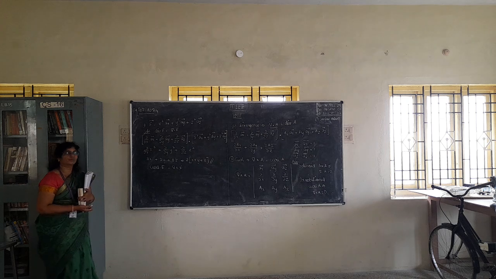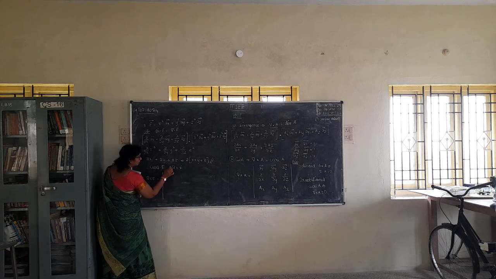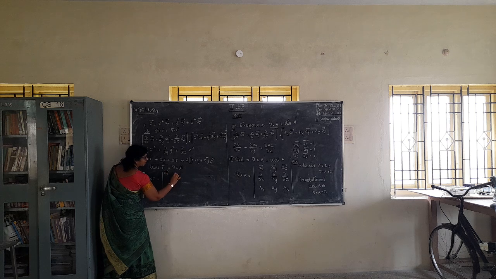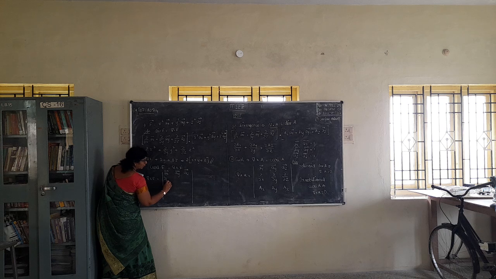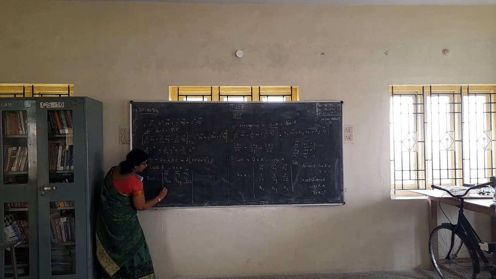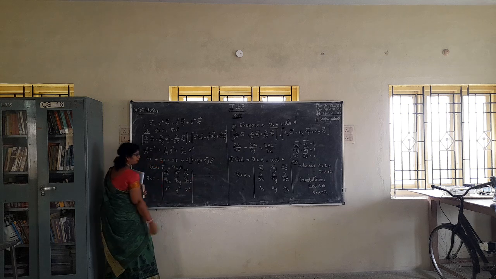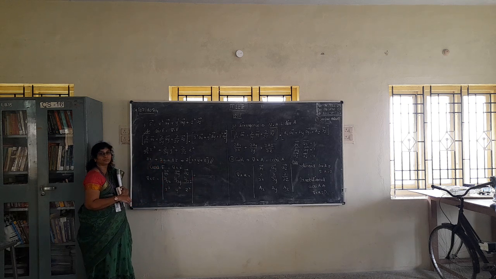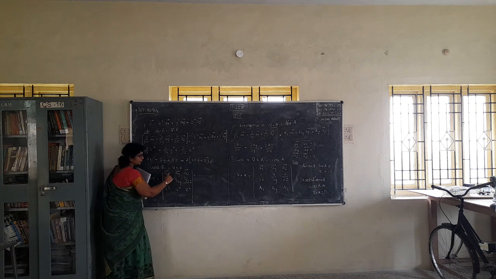Del cross f will be represented in matrix form: ax vector, ay vector, az vector, dou by dou x, dou by dou y, dou by dou z, and coefficients x square, y square, z square. Solve. Dou by dou y into z square.